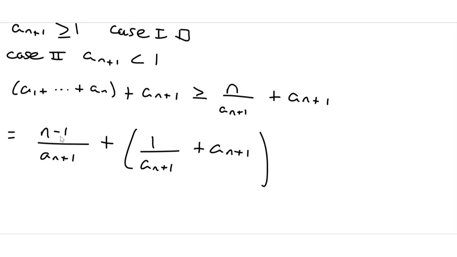Okay, but because an plus 1 is less than 1, this section here is greater than n minus 1, and this is greater than 2. Okay, and of course n minus 1 plus 2 is equal to n plus 1. So again, we've shown it's true in this case, and that's the end of our proof.